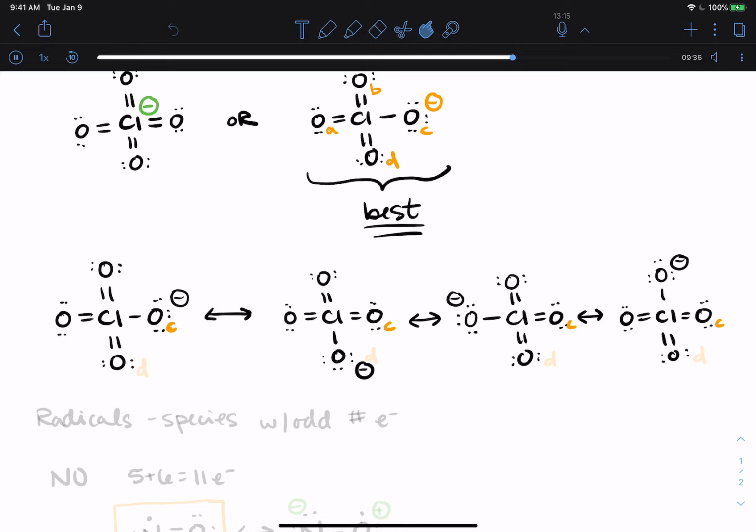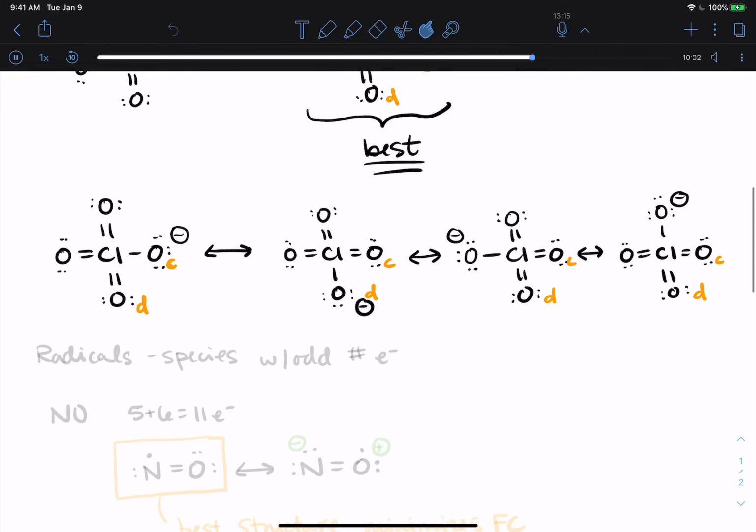The oxygen that's down is oxygen D. This is still D. None of the atoms have moved. The only thing I've done is moved the electrons around so that the single bond is potentially between chlorine and any one of the equivalent oxygens attached to it. Okay, so that's what an expanded octet would look like.